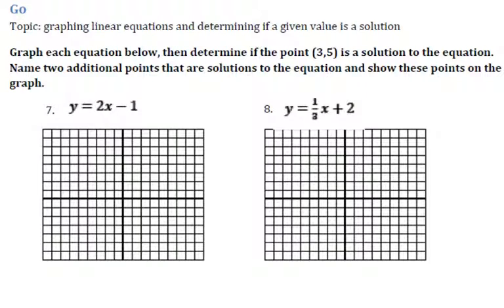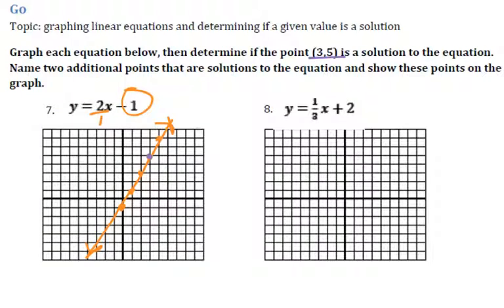Alright, the last one's just graphing these equations, deciding if the point 3, 5 is a solution to the equation. So slope-intercept form, y-intercept at -1, start at -1, slope of 2, make it a fraction. It's positive, so I go up 2 to the right 1. Draw my line, then we plot the point 3, 5.